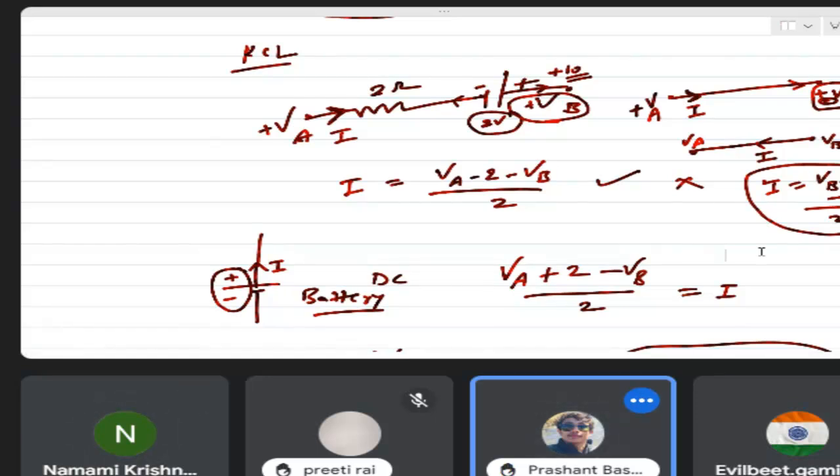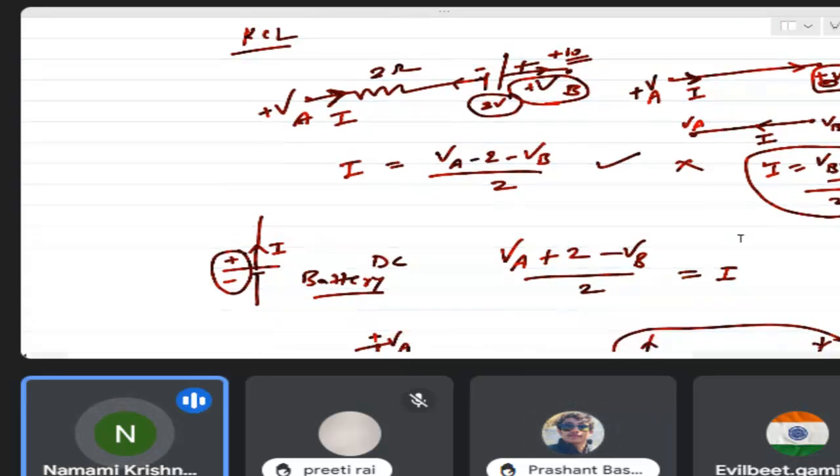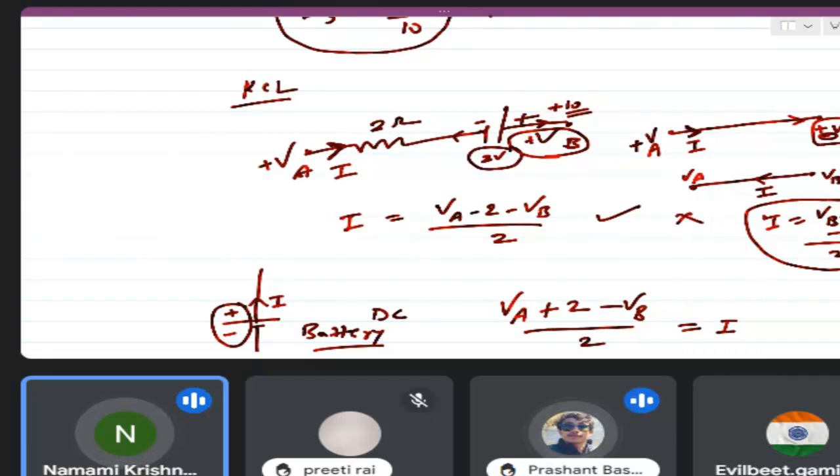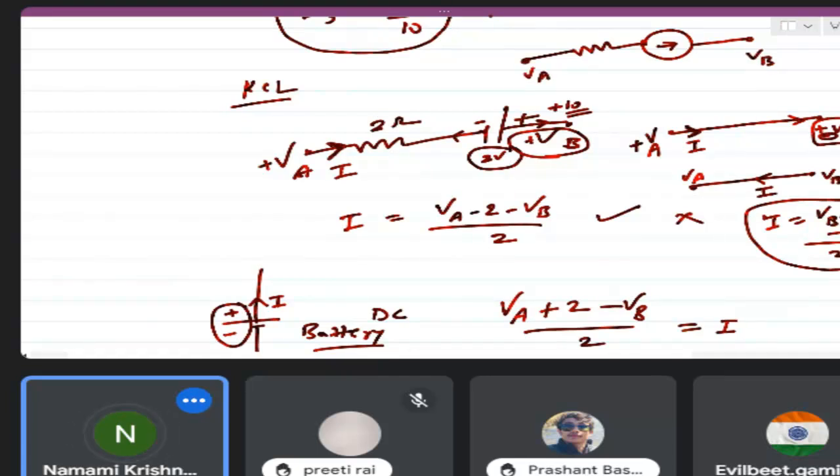Sir, I think there is a current source in between, so that shouldn't be considered, sir. If you are saying that some current source is there between the voltages, then let's say the model is like this. This is VA, this is VB, this is 2 ohm, and let's say this is a 5 ampere current source, I am assuming.